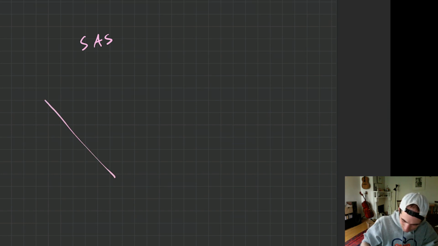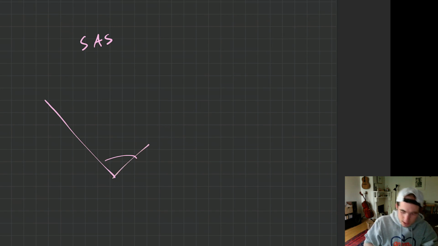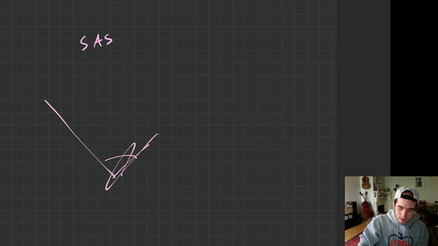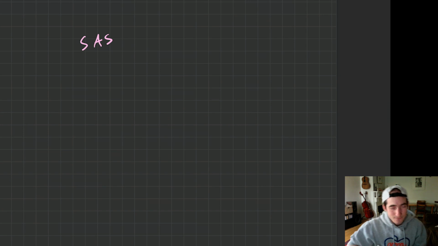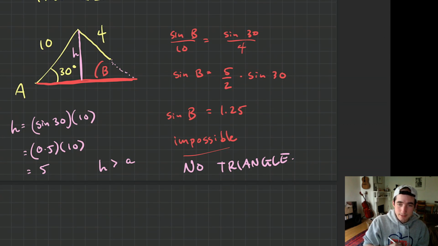It can be any side length, any angle. It doesn't matter how big or how small it is. You could always make a triangle out of this. But the ASS doesn't always work. Sometimes it does, but sometimes, as you can see, it doesn't.